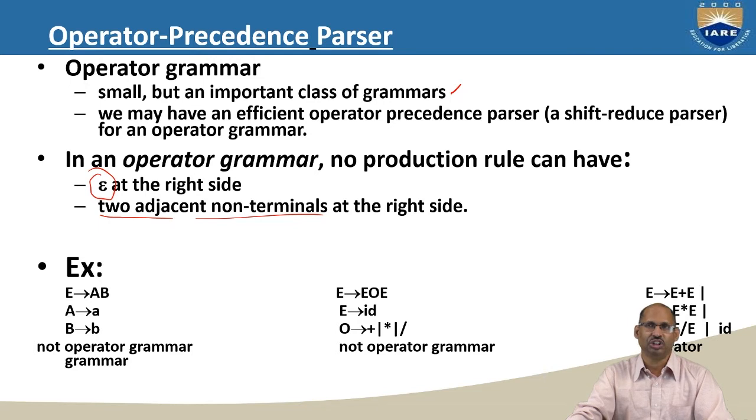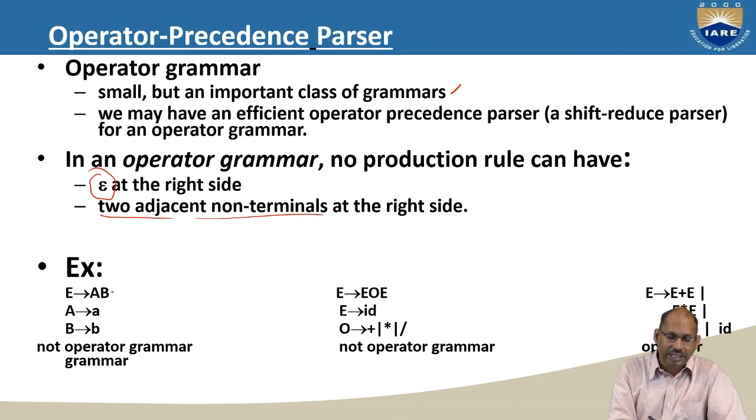Then the grammar is said to be an operator grammar. So this operator precedence parser uses the concept of shift reduce parsing but is applicable only on operator grammar, which is defined as no epsilons on the right side and no two adjacent non-terminals.